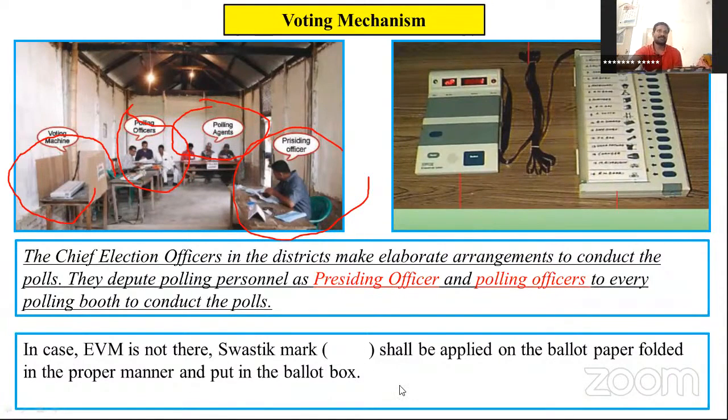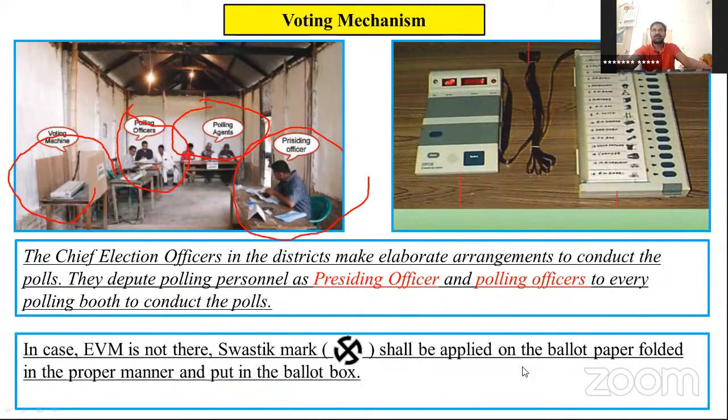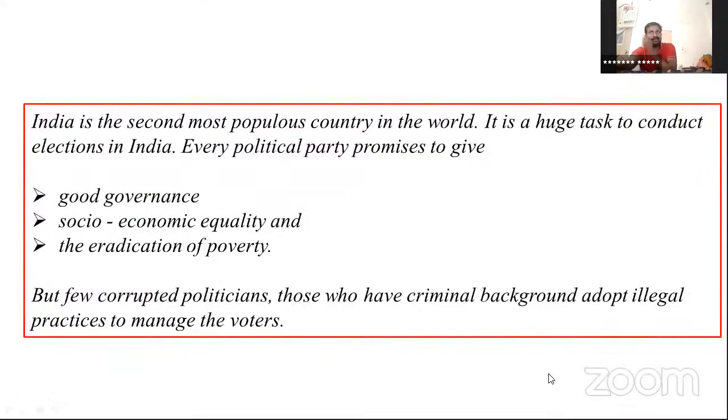Look at this swastik mark. We have discussed already what the ballot paper is, what the ballot box is, and how it was used in the first general election. Recently, the election commission held elections in the Hyderabad municipal corporation, GHMC, by the ballot voting system.